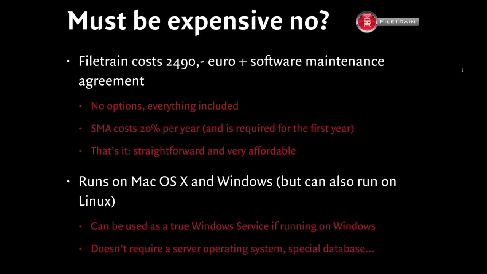That sounds like something that should be very expensive, but it is not actually. FileTrain is 2,500 euros, as you can see, plus a software maintenance agreement. That SMA contract or software maintenance agreement contract is 20% of the product price, and it is required for the first year, optional after that, but we see that most customers actually continue the maintenance agreement simply because upgrades and updates are included in that maintenance agreement.